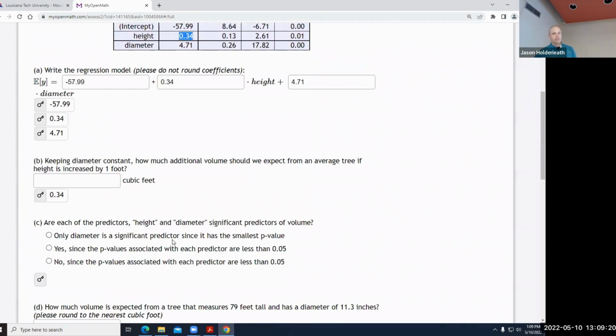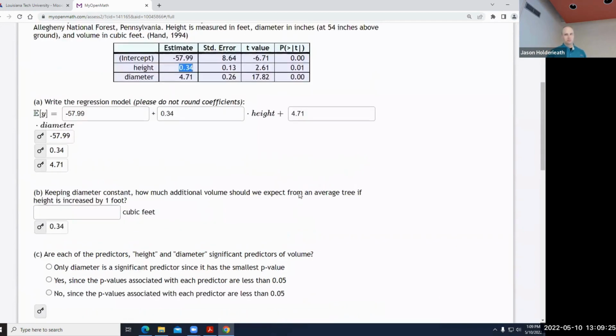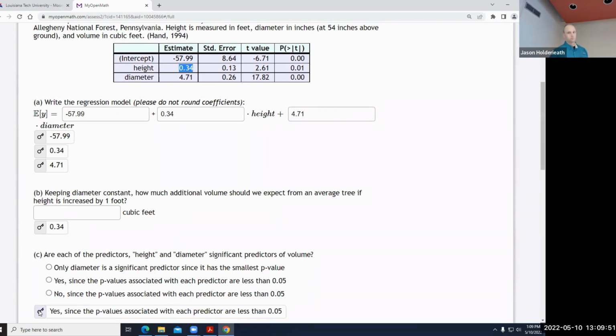Are each of the predictors, height and diameter, significant predictors of volume? What do we say? Yes, because the p-values are less than, you got it. So you're just looking at the p-values, correct? That's right.